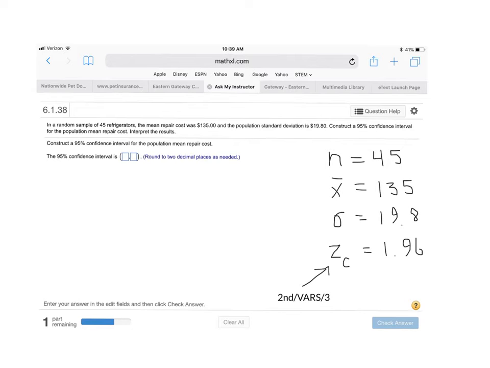And the inverse norm command requires that we give it the area below our lower critical value, which in this case would be 0.05. And then some calculators, not all, will also ask you to report the mean.